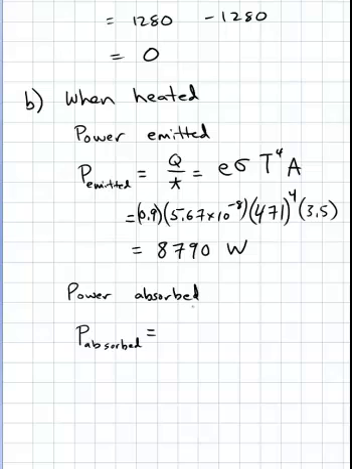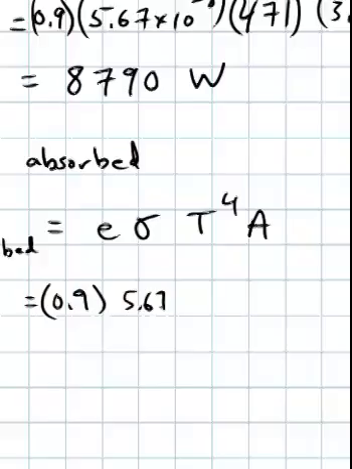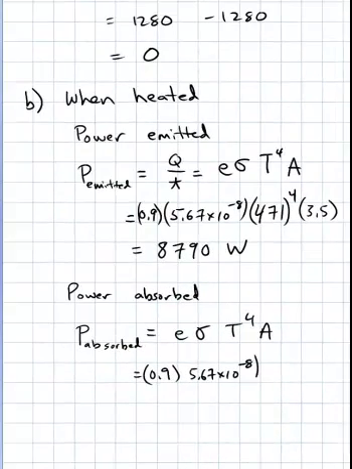So that's going to be equal to the emissivity times the Boltzmann constant times T to the 4th times the area. And I've got 0.9, 5.67 times 10 to the negative 8th. And now it's 302 Kelvin to the 4th power.